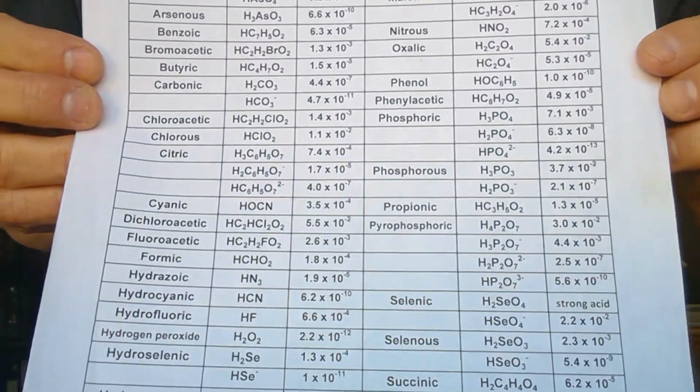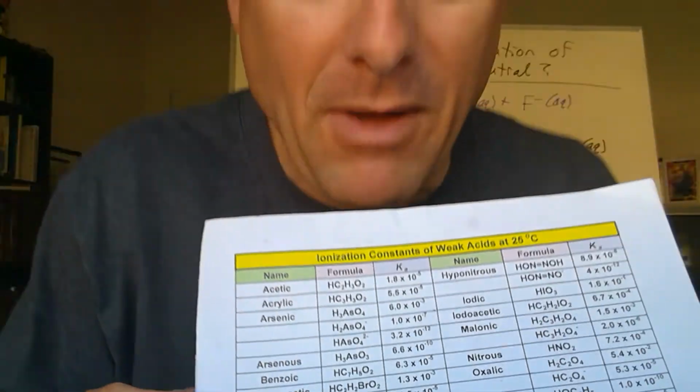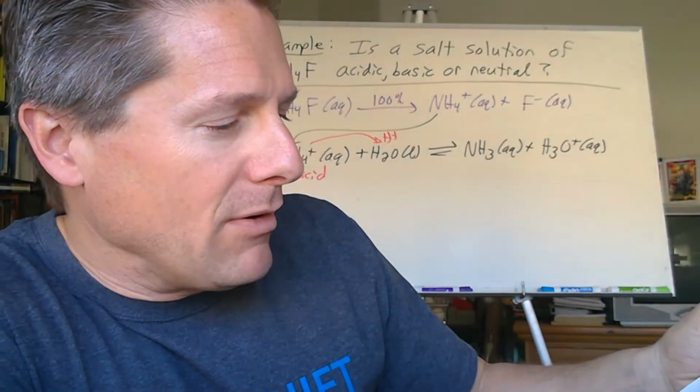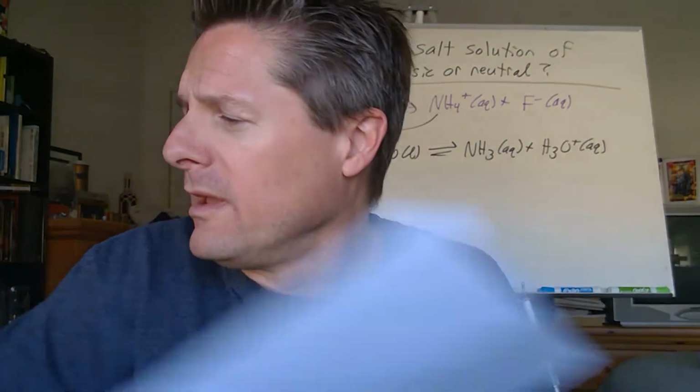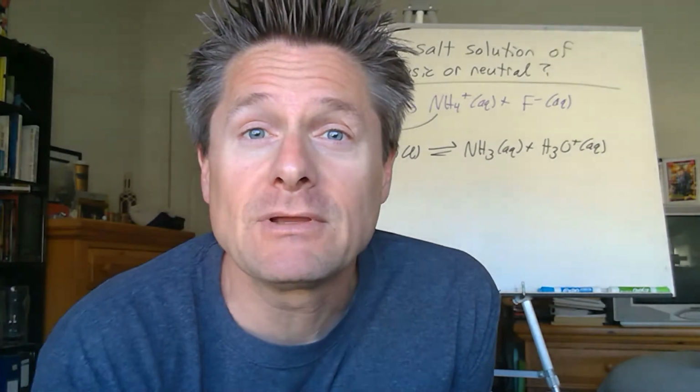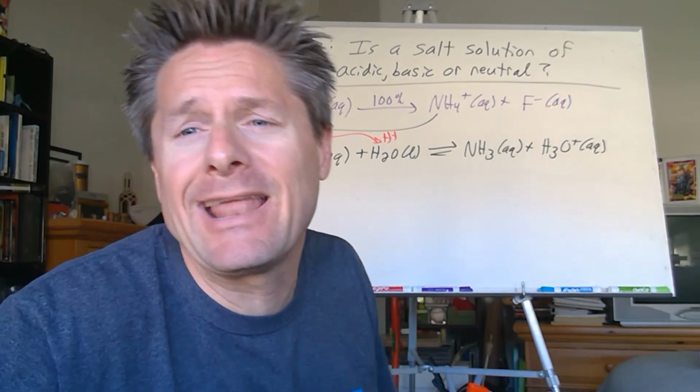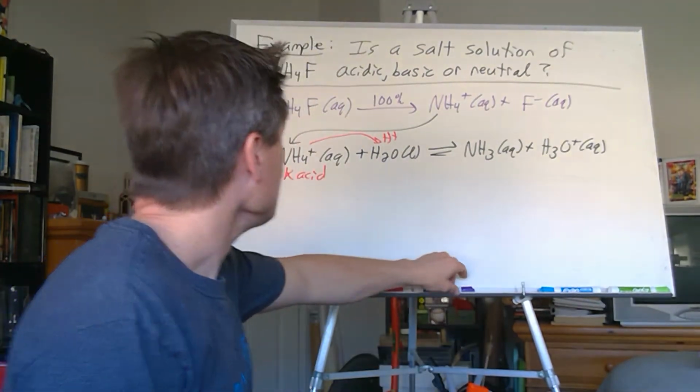Oh no, ammonium ion. I don't see the ammonium ion anywhere. And you're on the test and you go, oh crap, it's an oh crap moment. What do I do? We're going to have to figure it out. Okay, so we'll do that in a second. Let's write up the other equation and look for that value, and then we'll calculate the Ka value for this because it's not on the table.